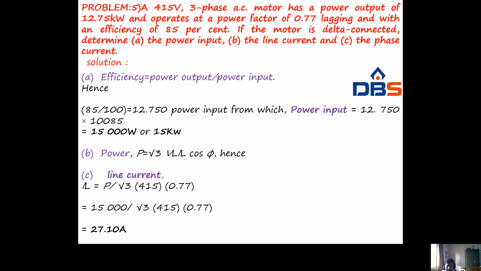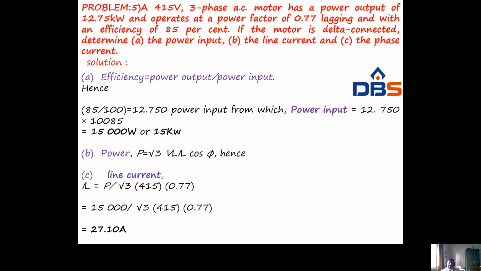Efficiency is equal to power output by power input, right? What about power output? Our power output is 12.75. What about efficiency? 85%, 85 by 100.